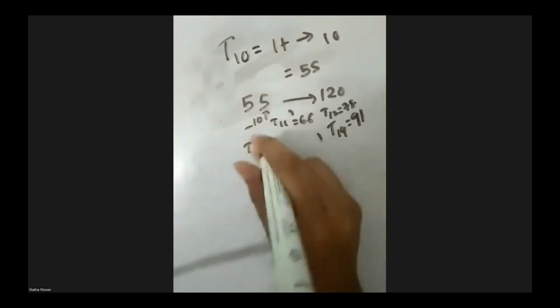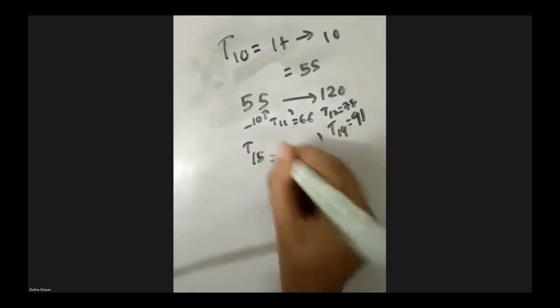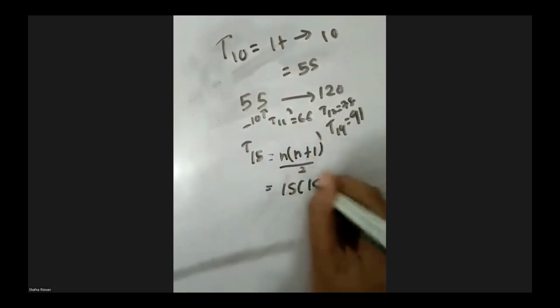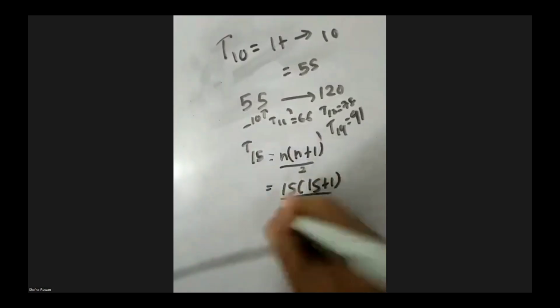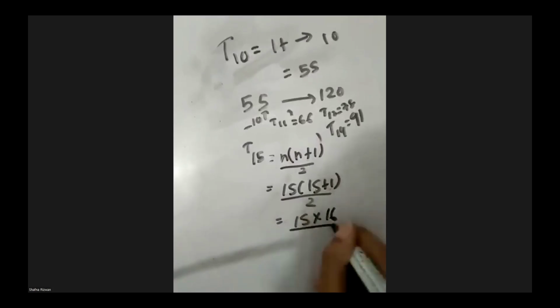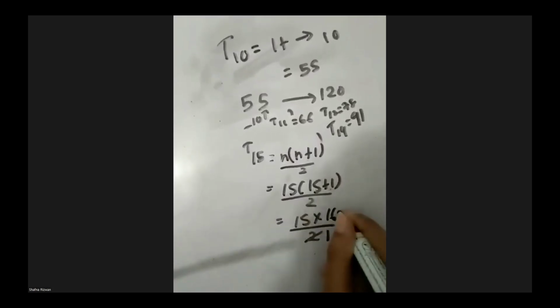Now let's go to the 15th one. n times (n plus 1) divided by 2. 15 times (15 plus 1), which is 16, divided by 2. Here how many times is 16 divided by 2? 8.